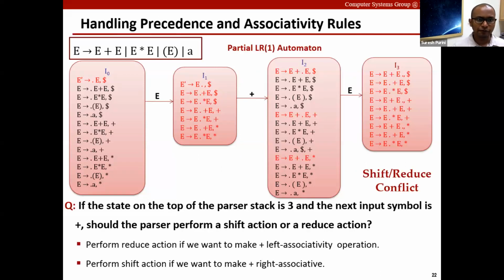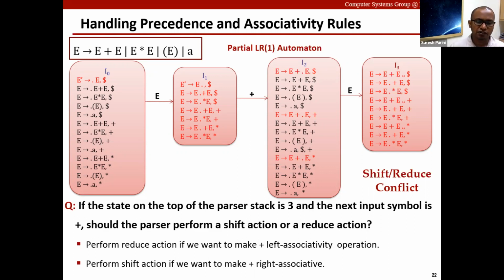So now let's look at this grammar. We have seen this grammar multiple times before to understand ambiguity. You know that it's an ambiguous grammar. The reason is that it doesn't capture the associativity properties required for parsing, that is, whether the addition operation should be left associative or right associative.